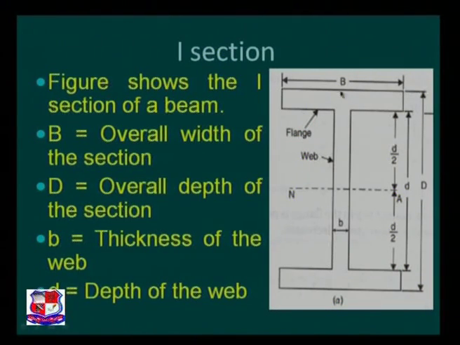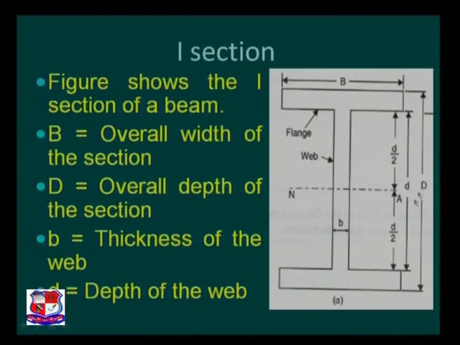These two portions are referred to as flange, and this is referred to as web. Now, capital B is the overall width of the section. You may also refer to it as the width of flange. Capital D is the overall depth of section. Small b is the thickness of the web, and small d is the depth of web.